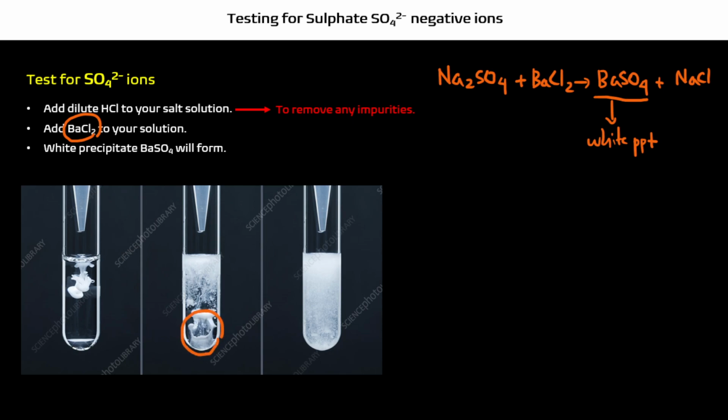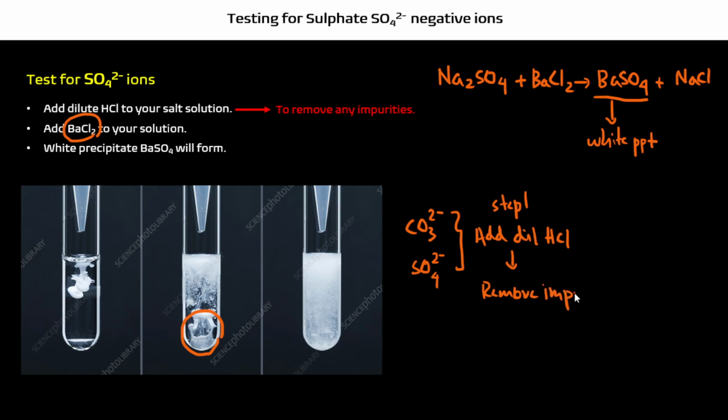So for both carbonate ions, CO3 2-, and sulfate ions, SO4 2-, the common thing that both tests have is adding dilute hydrochloric acid as your very first step. This is very important because adding the dilute hydrochloric acid allows us to remove any impurities.